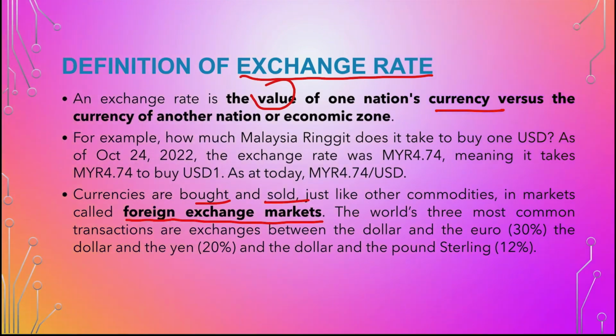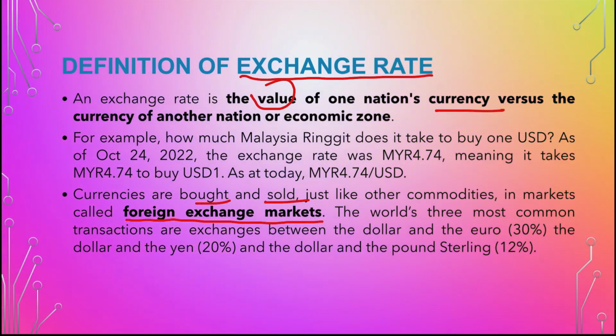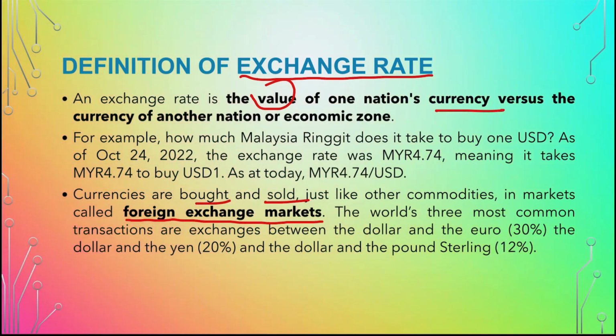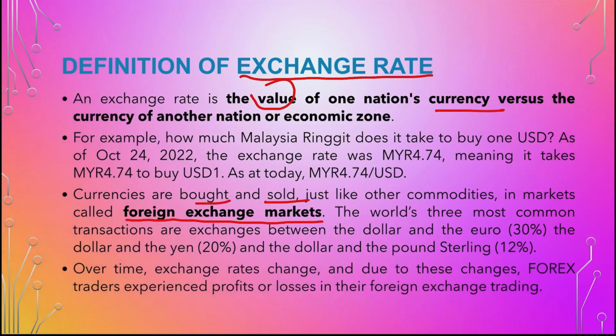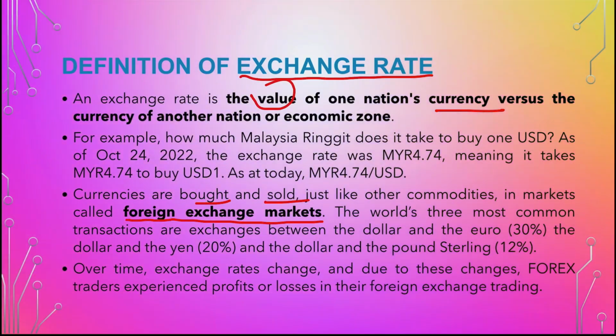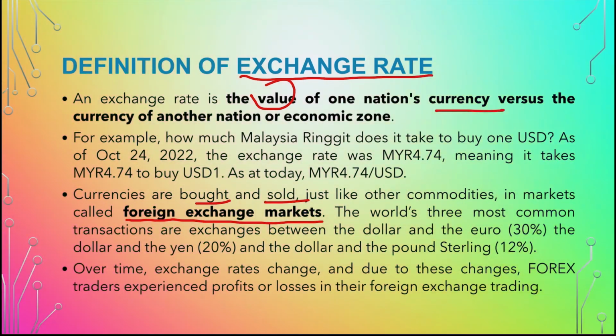The world's three most common transactions are exchange between dollar and euro, which is around 30%, dollar and yen, 20%, and dollar and pound sterling, 12%. Over time, exchange rates change, and due to these changes, forex traders experience profits or losses in their foreign exchange trading.